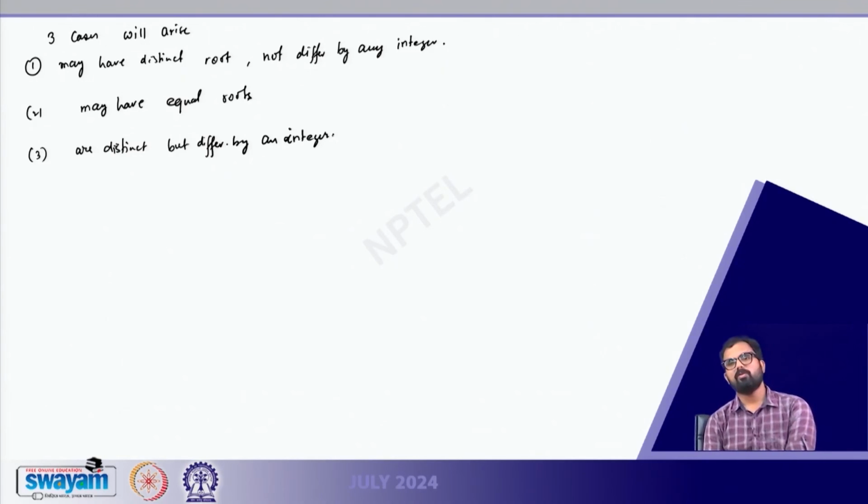Then we will look into the previous example that we started last time, and see whether the roots from this quadratic equation were distinct or equal, and based on that what method we adopted, right. Definitely the first and second cases are interesting, the third one is a little bit lengthy. So, we will skip that one, but we will cover the first and second cases.